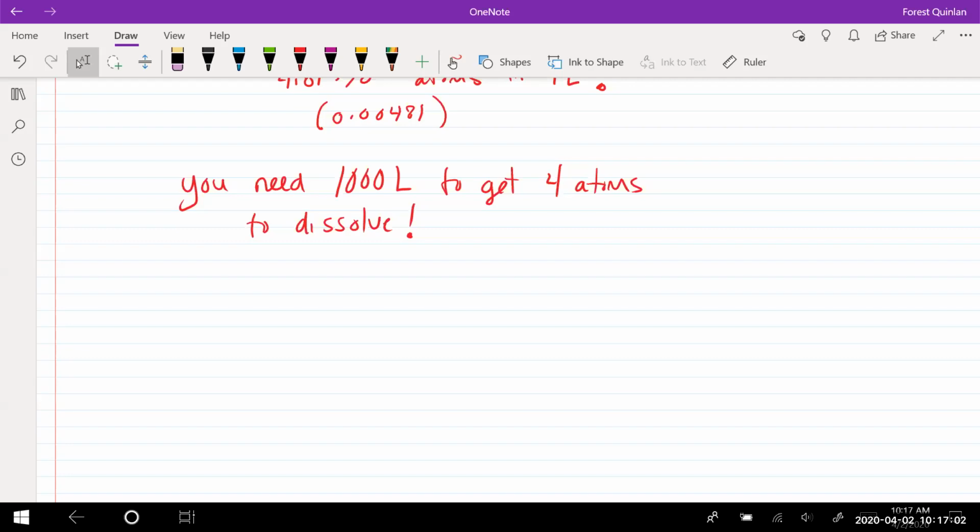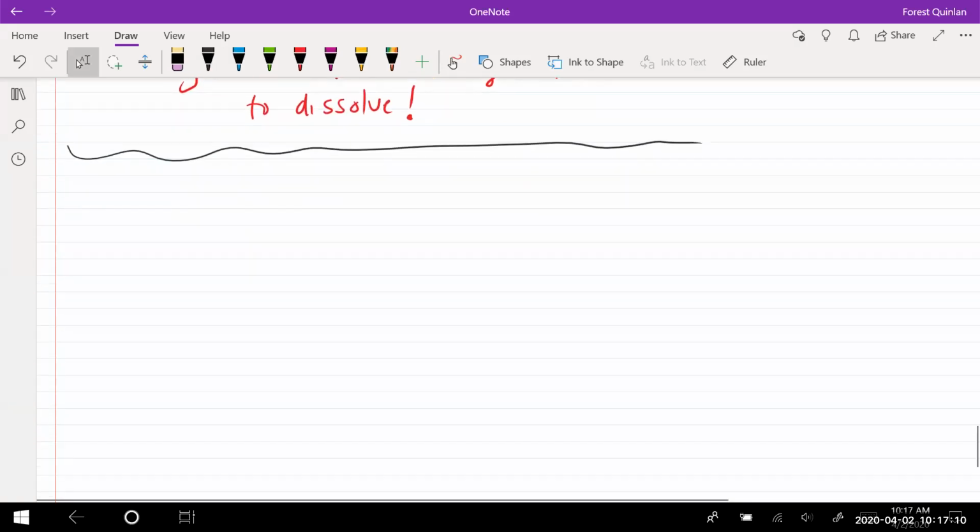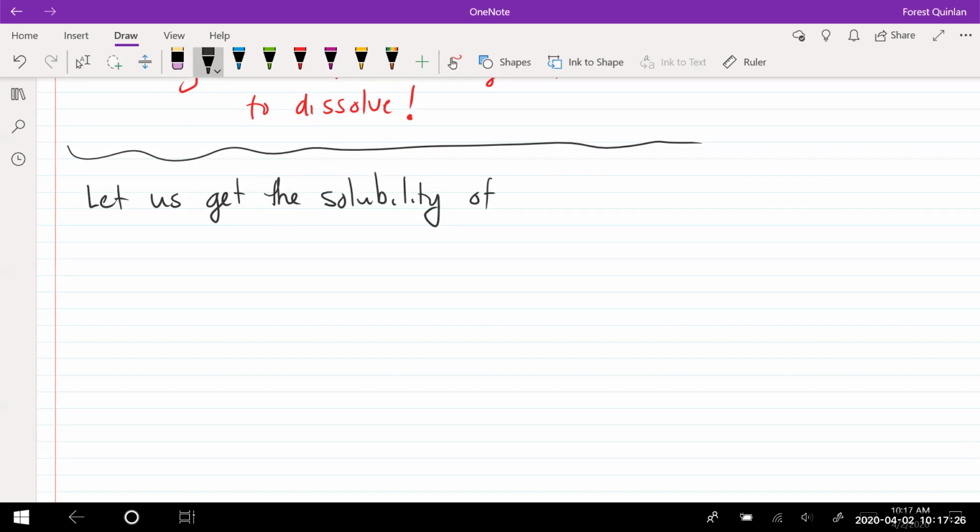All right, so let's go back to our former examples. Let's go back to those silver chlorides, the aluminum hydroxides, and the calcium phosphates. I want to look at their solubilities. Let us get the solubility of our first 3 examples.